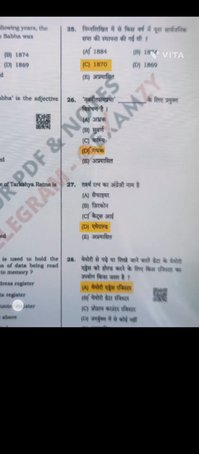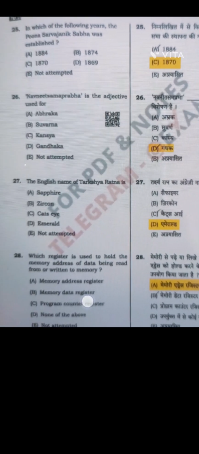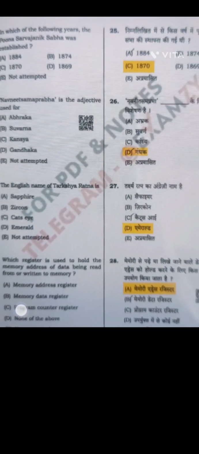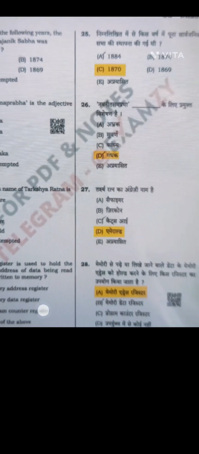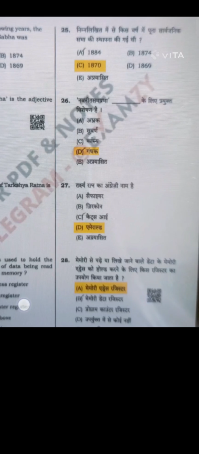So memory address register is used to hold the memory address of data being read from or written to memory. मेमोरी एड्रेस रजिस्टर.